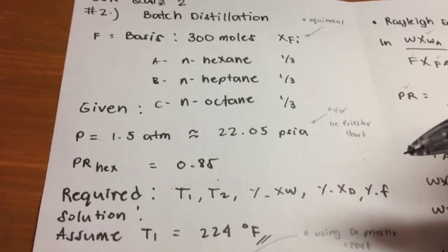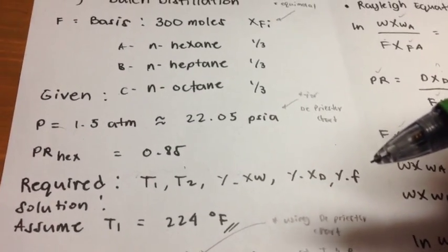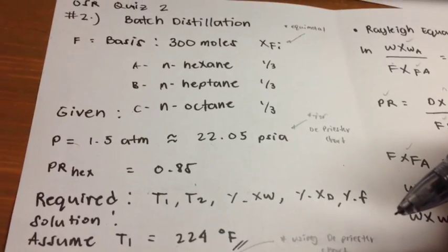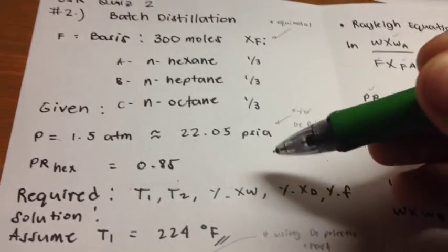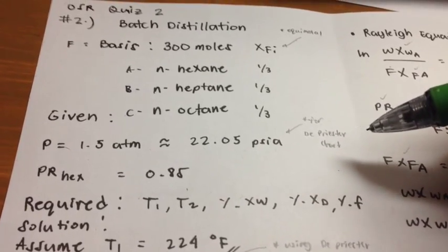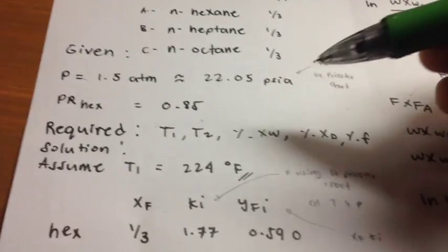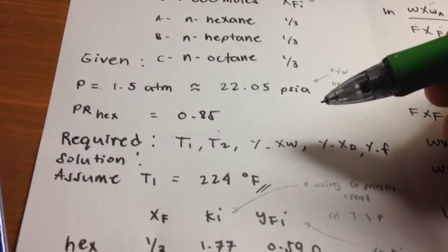We are given an operating pressure of 1.5 atm. We also need to convert this to psia, since the Priester chart is in psia. Also, we are given the percent recovery of 85%.